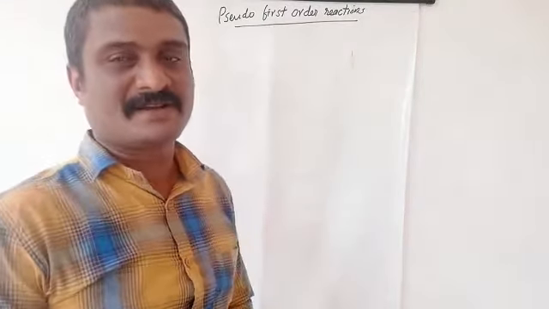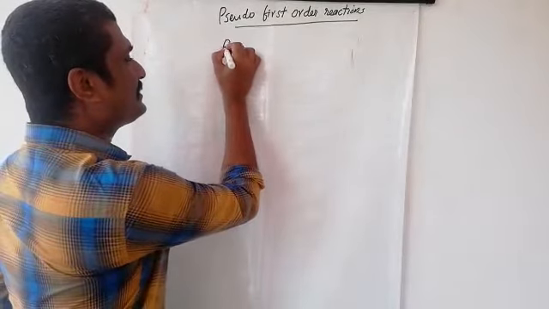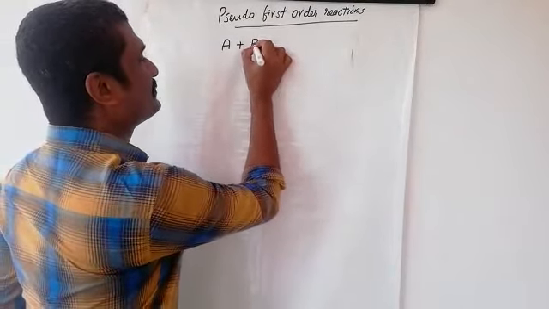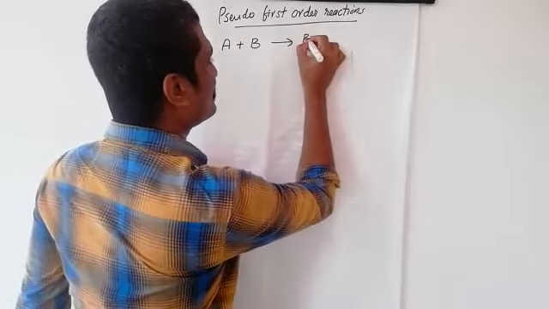First of all, we can consider a general reaction. The reactant A combines with the reactant B and forms a certain product.